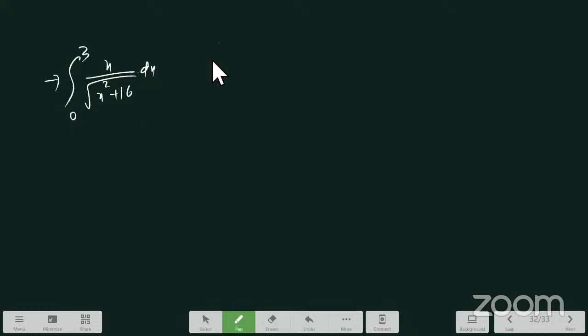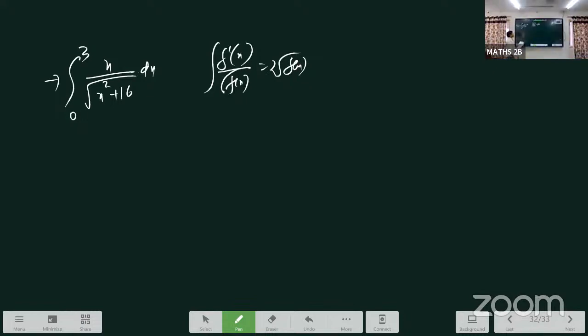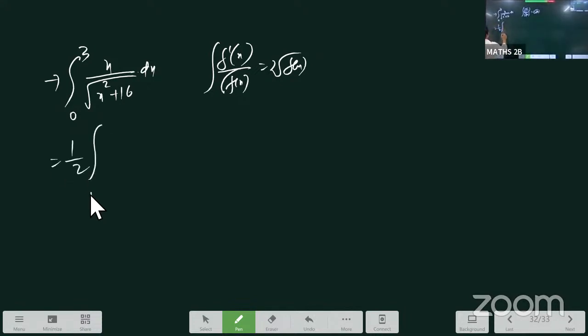How does it look? f dash of x by root f of x is 2 root of f of x. This is a formula. But here, inside the root, I'm having x square plus 16. So you are going to multiply and divide with 2 because x square derivative is 2x. That is, multiply and divide with 2 outside.